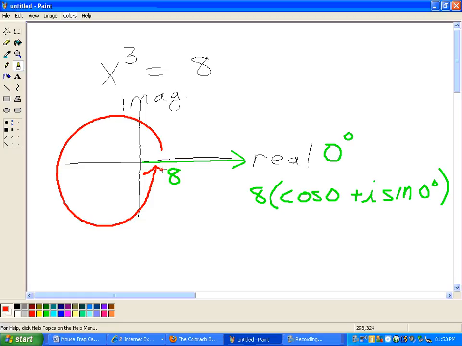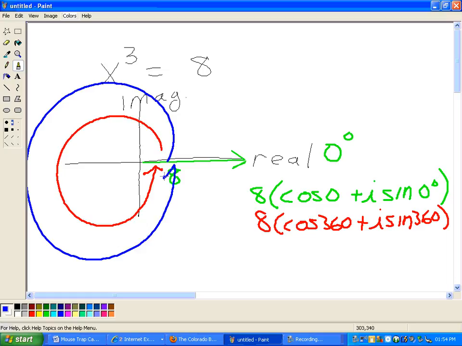So I could also say that this could be 8 cosine 360, and I could go around the circle one more time, so I would be at 8 times the cosine of 720. The reason that I went around 3 times is that the equation had x to the third power. If it was x to the fourth power, I would have gone around 4 times.